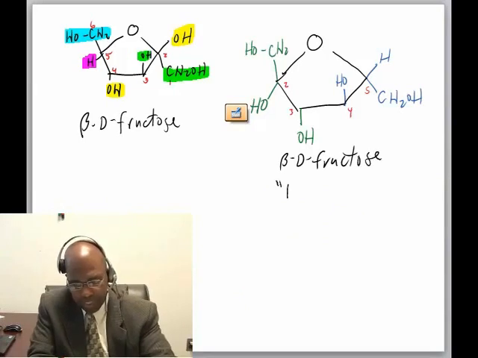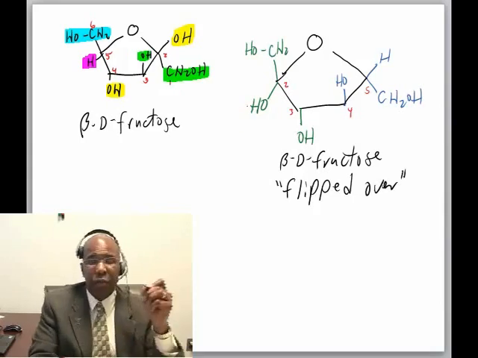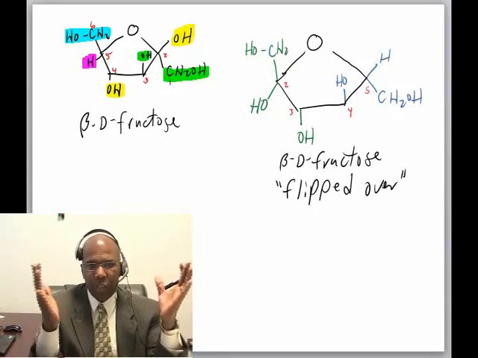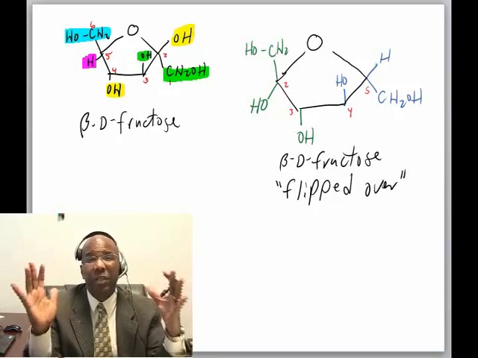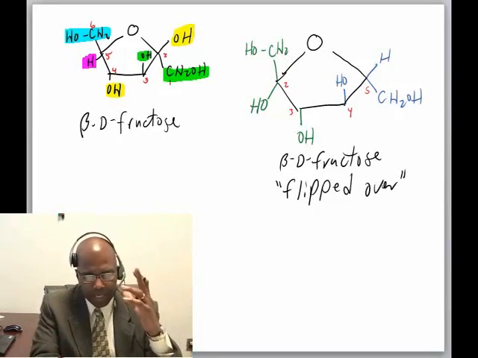However, this one, the fructose is flipped over. And the reason I have you draw this way is because when you look at a textbook, almost always when fructose is involved in a disaccharide, it's always flipped over, almost always flipped over. And so let us make our disaccharide.